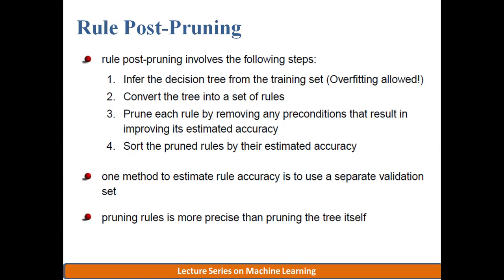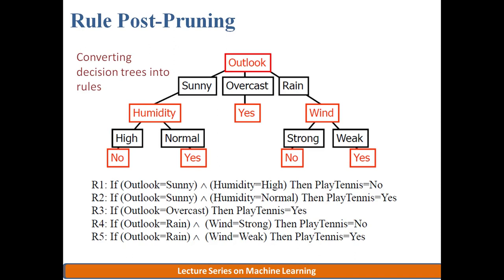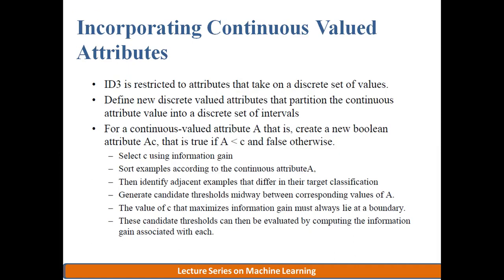Then we also discussed rule post pruning, how the decision tree has to be transformed into rules and how we can perform pruning on the rules. This shows how we perform the root to leaf conversion to the rules. We also saw how to incorporate continuous valued attributes. We just have to create a dynamic Boolean variable, based on which we can fill out the discrete values.